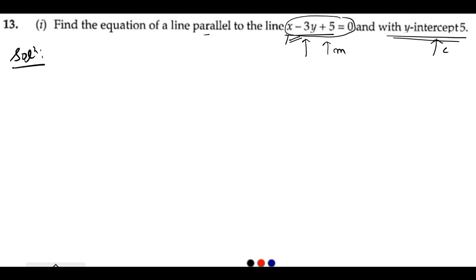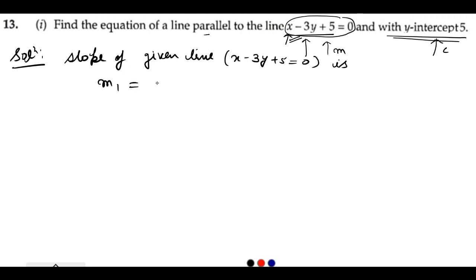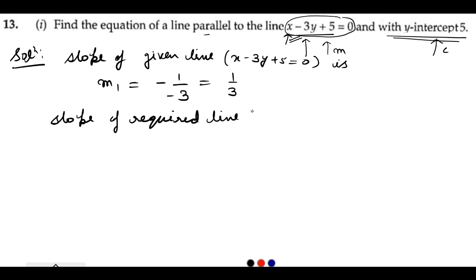First of all, we are finding the slope of this line. Slope of this line is minus coefficient of x divided by coefficient of y, that is 1 by 3. Now the slope of the required line is equal to 1 upon 3 since the required line is parallel to the given line.